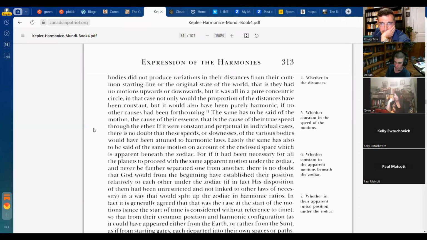For if it had been necessary for all the planets to proceed with the same apparent motion under the zodiac and never be further separated from one another, there is no doubt that God would from the beginning have established their position relatively to each other under the zodiac, if in fact his disposition of them had been unrestricted and not linked to other laws of necessity, in a way that would split up the zodiac in harmonic ratios.